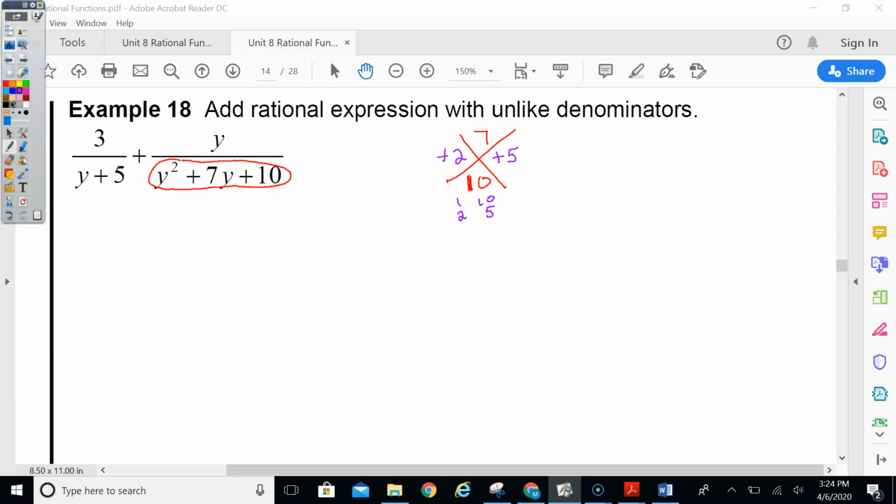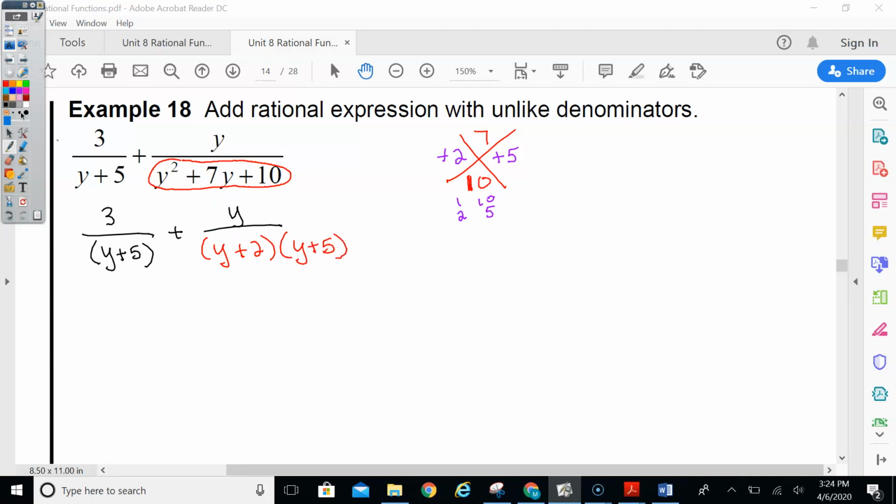What we're going to do here, this one's going to stay the same because it doesn't factor. I'm going to put a y plus 5 here, plus y over. This one we're going to factor into y plus 2, y plus 5.